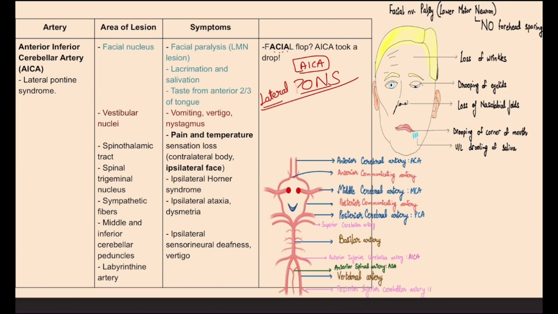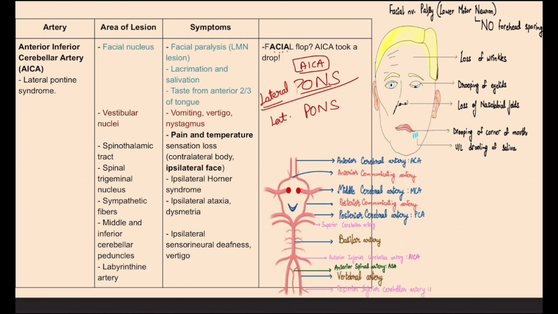Now another clue, vestibular nucleus, cranial nerve 8. They can give you symptoms like vomiting, vertigo, nystagmus. This one is not very specific, but cranial nerve 8 also falls in the pons. So you again know that you are dealing with pons, and 8 is not divisible by 12, so it is lateral pons.